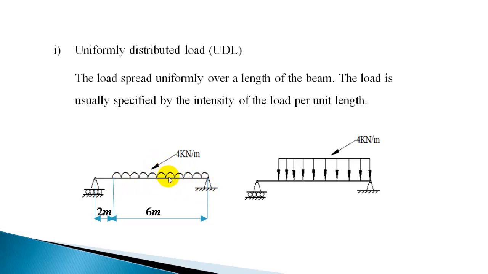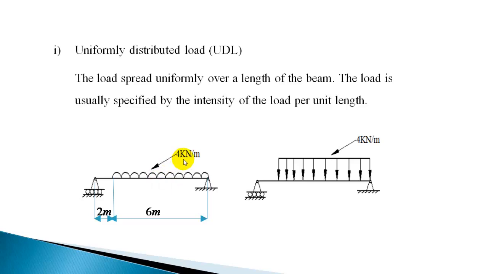But to identify the shear force and bending moment, a point load and UDL will have different effects on the beam. For obtaining the reactions at the supports, you can replace it by a point load.